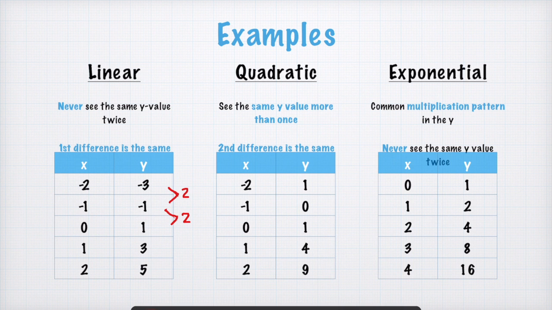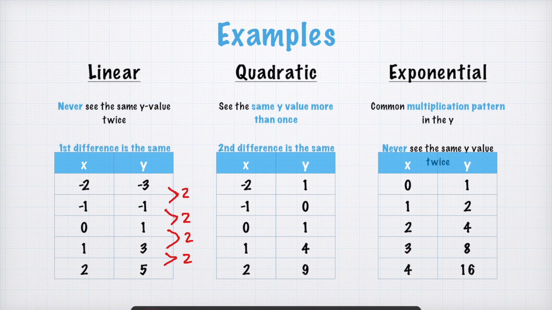And then we're going to compare the next two outputs, which is 1 and 3, and those correspond to the inputs 0 and 1. The difference between 1 and 3 is 2, and the difference between 3 and 5 is 2. So you notice that each time you make a step, you're just adding 2. Add 2, add 2, add 2. When it's something like this, you need to think linear.